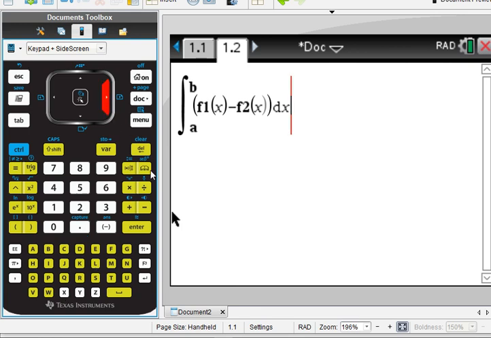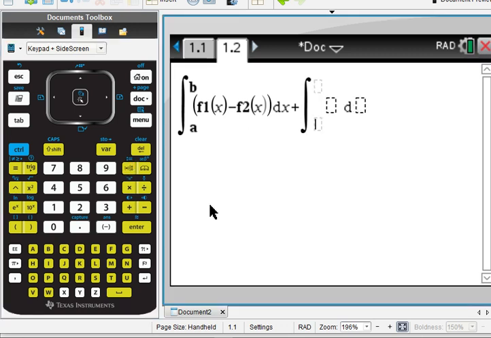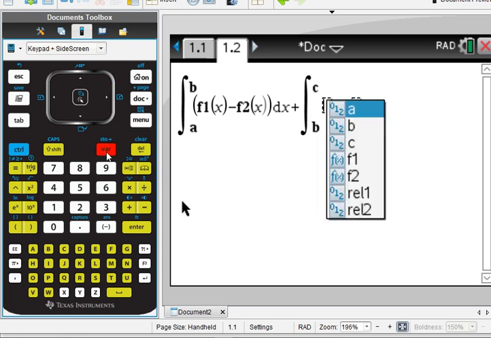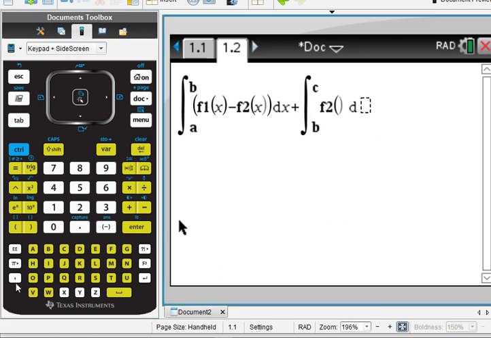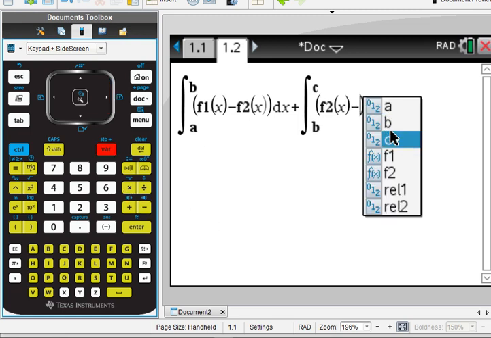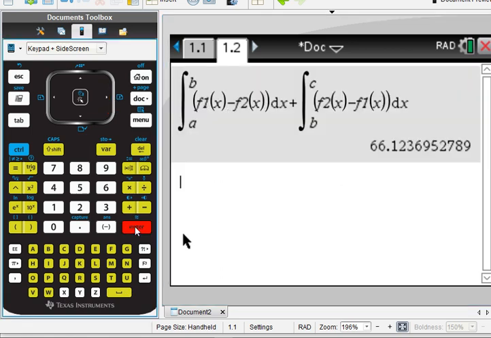Divide the integral and then plus another integral. This one's from B to C. This time it's g minus f, so that's var f2 minus f1, minus var f1 of x, dx. And we get the same answer.